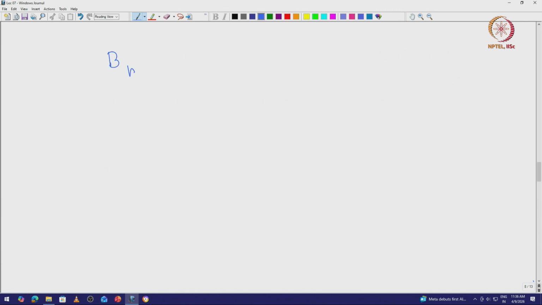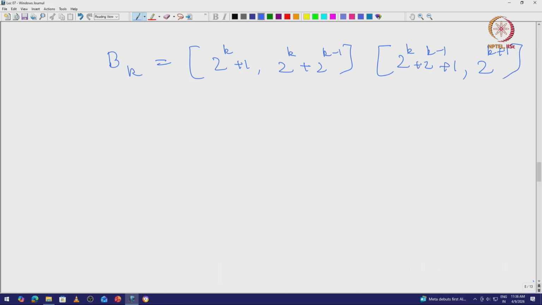Bk consists of 2 power k plus 1 to 2 power k plus 2 power k minus 1. Another block is 2 power k plus 2 power k minus 1 plus 1 to 2 power k plus 1. All these things land in 3. All these things land in 2.